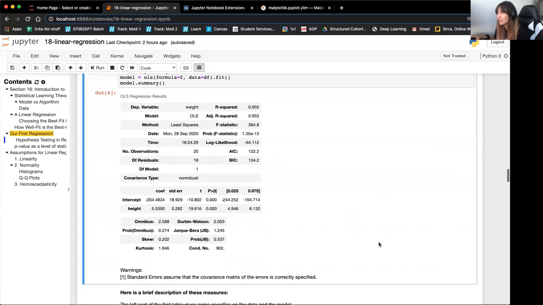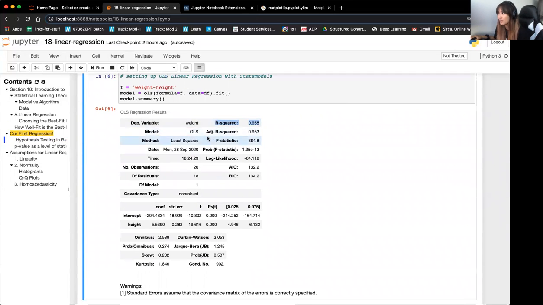The main things are definitely the R-squared, adjusted R-squared, coefficients, p-values. And that's it. Any questions on any of these important outputs? Just one about the adjusted R-squared.